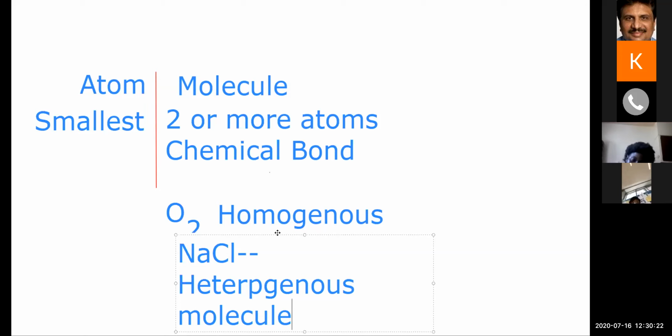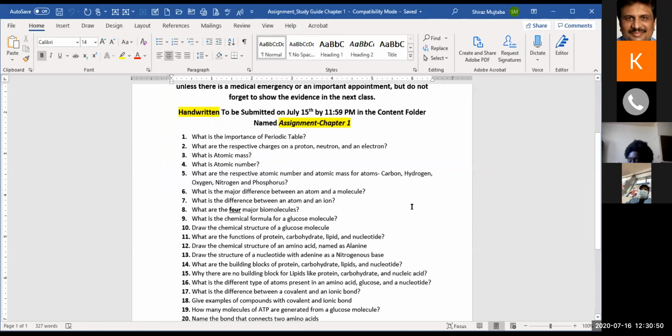By itself, an atom could be not stable, but when it enters to form a molecule, it becomes more stable. That's the intention behind an atom going to form molecules, to attain more stability with respect to its existence. So that's the difference between an atom and a molecule.